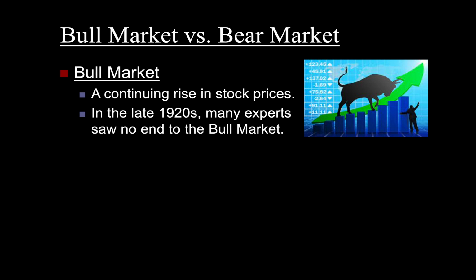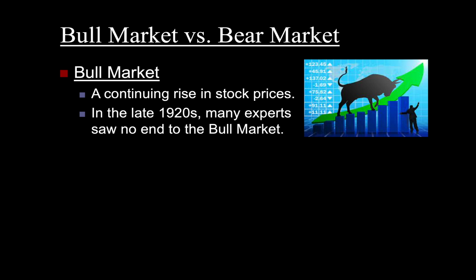While the business cycle is usually a standard process that repeats itself over and over, there are times where the stock market and a nation's economy will deviate from that standard pattern. These times are what is known as a bull market or a bear market. In a bull market, which is what the United States saw in the 1920s, there is a long-term and consistent rise in stock prices.